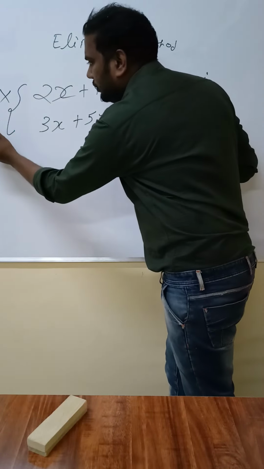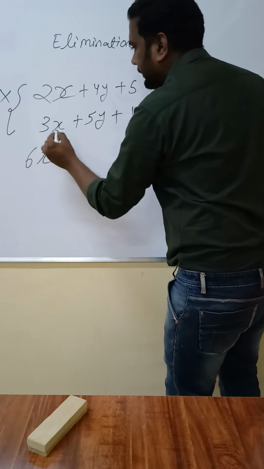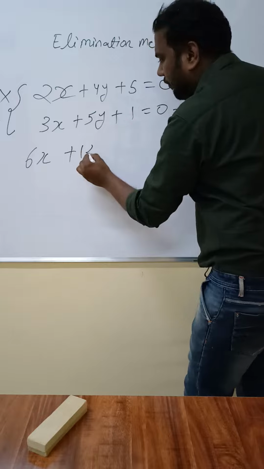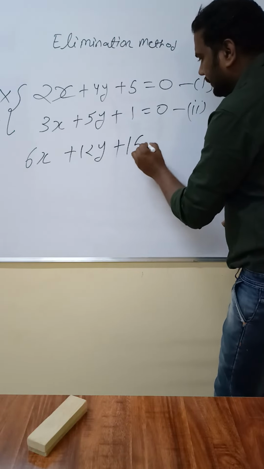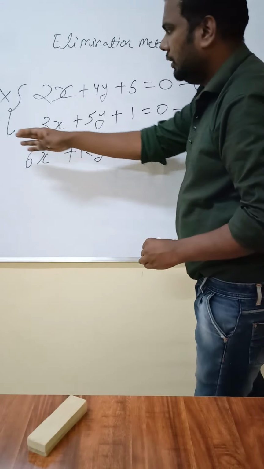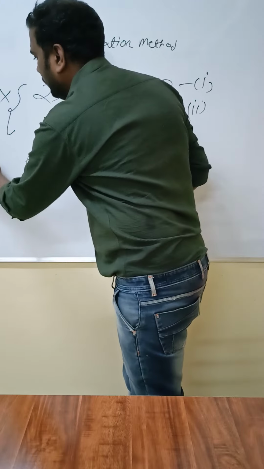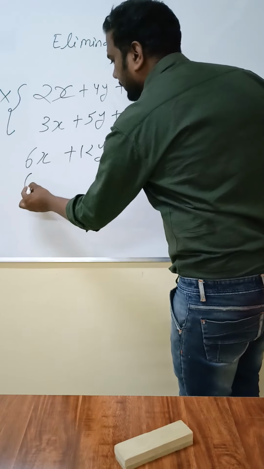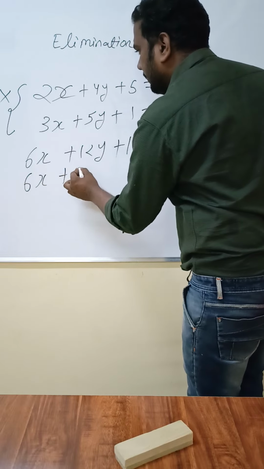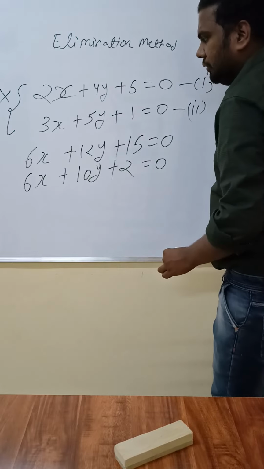So students, solve this equation. 6x plus 12y plus 15 equal to 0. Now we multiply by 2, 6x plus 10y plus 2 equal to 0.